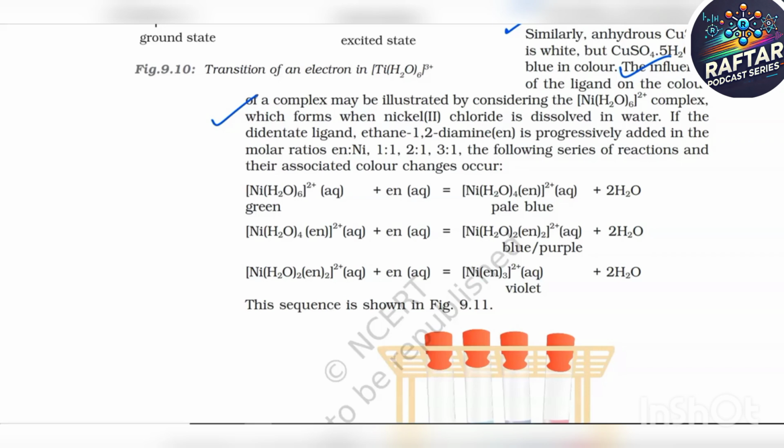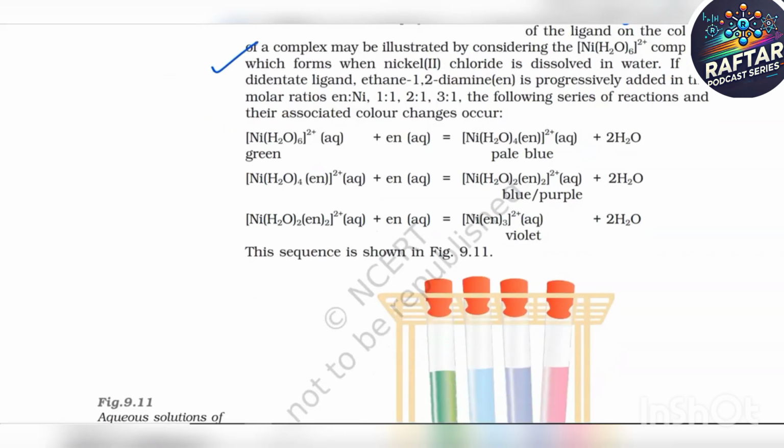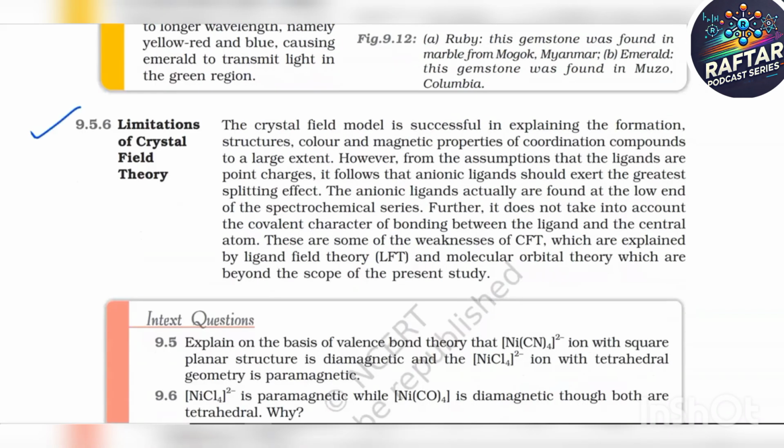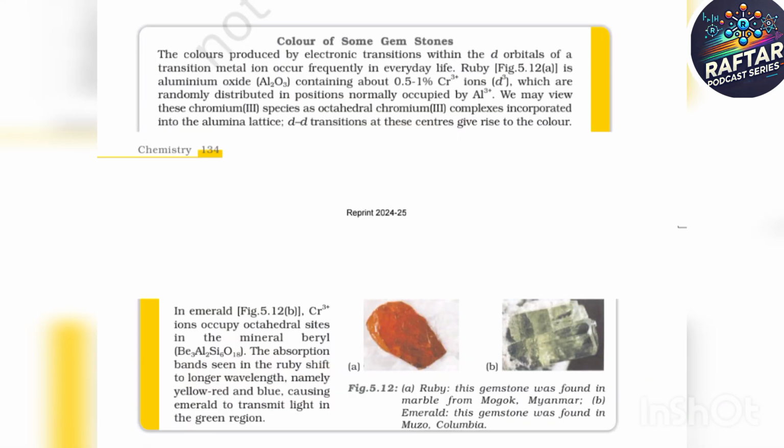[Ni(H2O)6]2+ gives [Ni(H2O)4(en)]2+ plus 2H2O, pale blue. [Ni(H2O)4(en)]2+ plus en gives [Ni(H2O)2(en)2]2+ plus 2H2O, blue-purple, then violet.